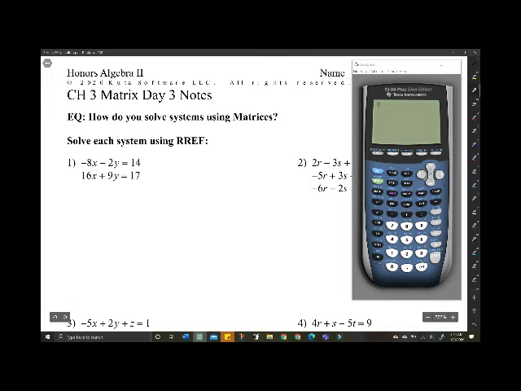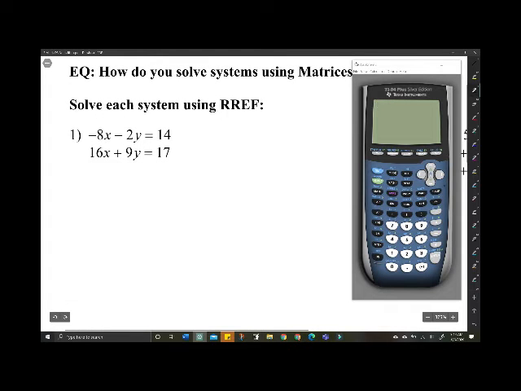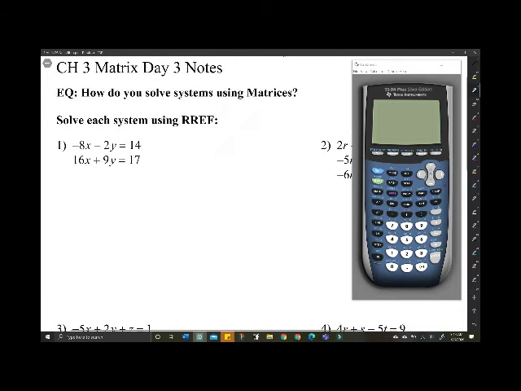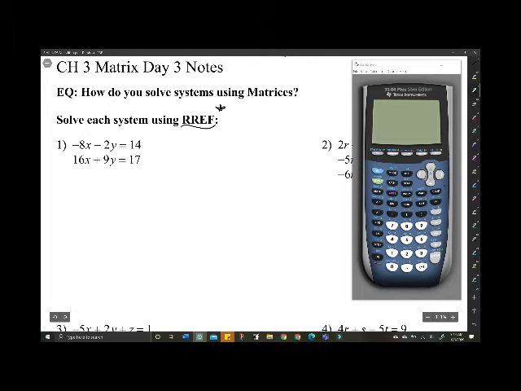So, solve each system using RREF. Now, this is not on the test, so to speak, this notation here. Rather, the name is not. This is referred to as reduced row echelon form.